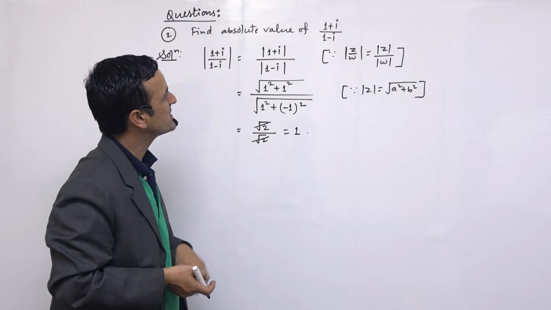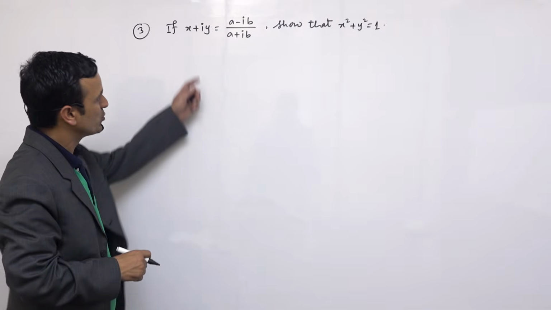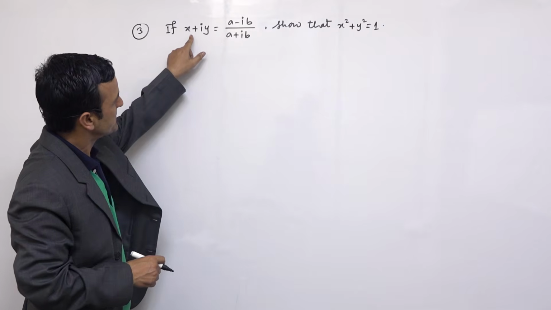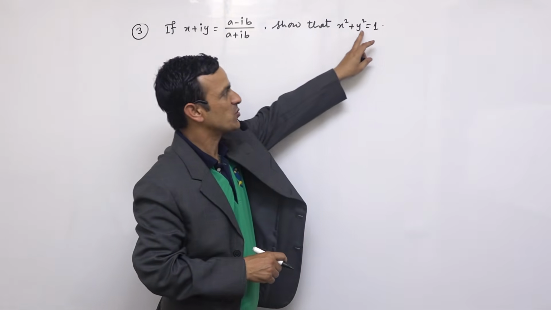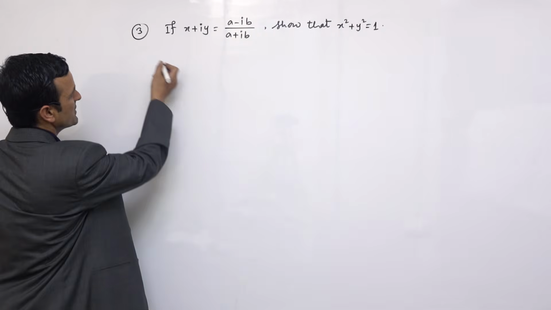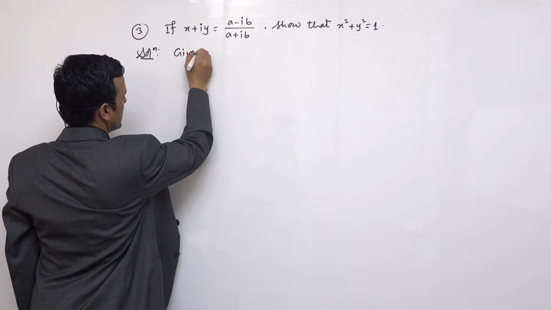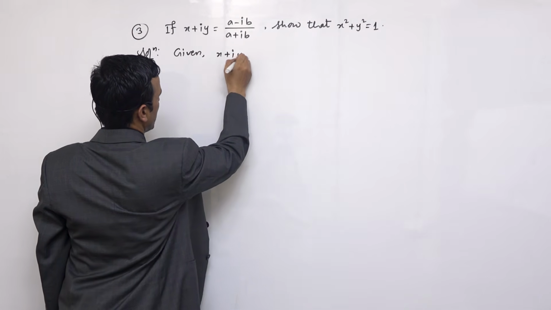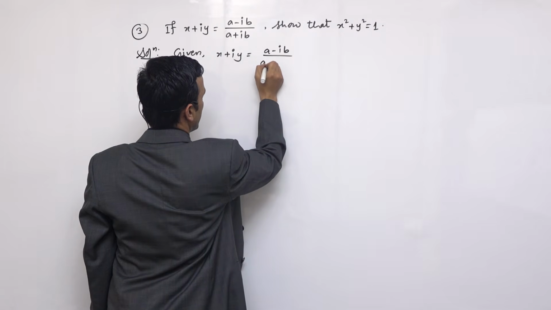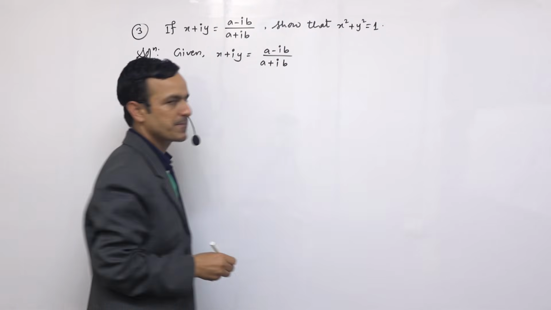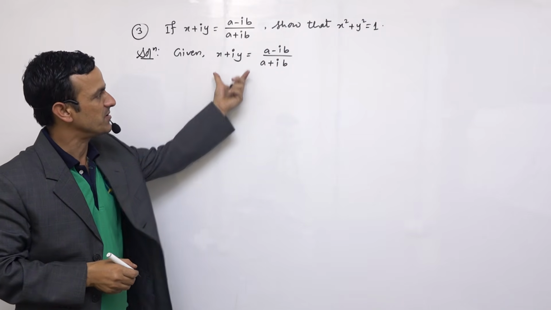In this way we can solve it by separating the modulus. Okay, let's do this question: if x plus iy is equal to a minus ib upon a plus ib, prove that x square plus y square is equal to 1. So for this we start from the given term. Given is x plus iy is equal to a minus ib divided by a plus ib. So this is the given information, so start from this information.